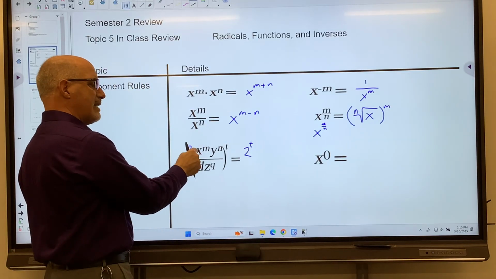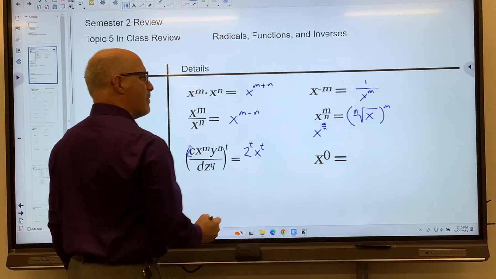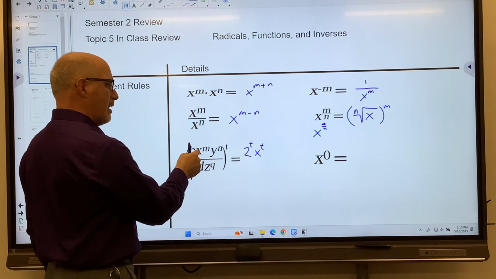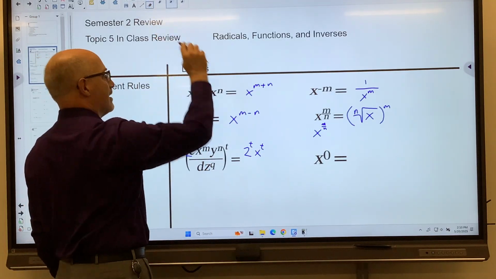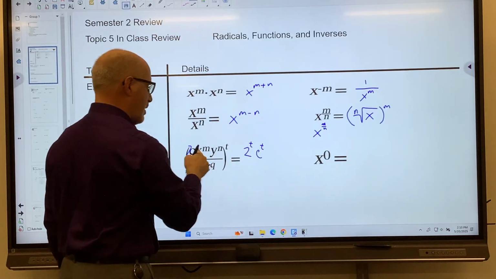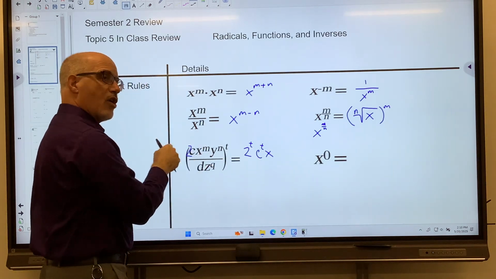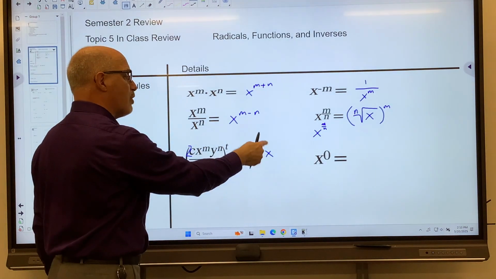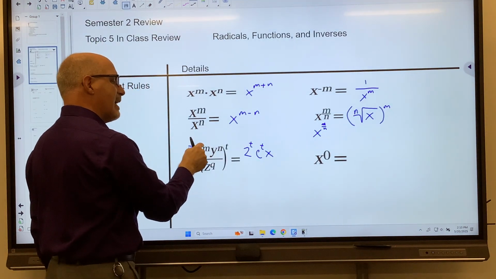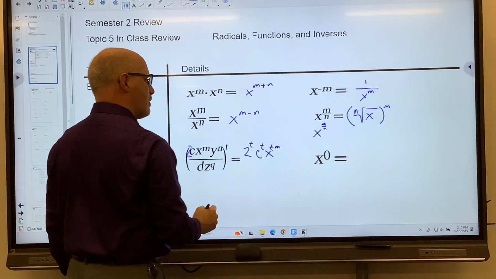Now I'll bring the t into the x. It's going to be x to the t power. Now I'm going to bring it into the c. So it's a c to the t power for the next one. Now the x, when you bring it in and there's already an exponent there, you multiply exponents. So it'll be t times the m, multiplication when you bring it in.